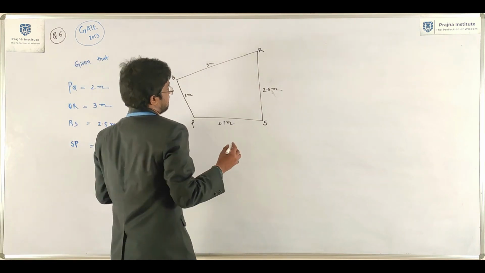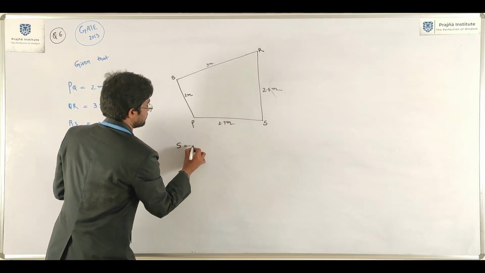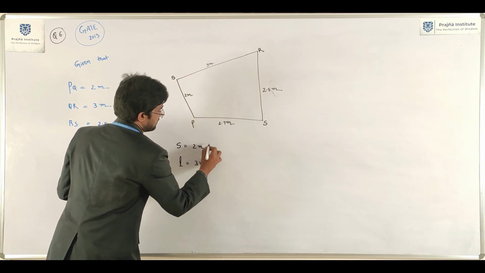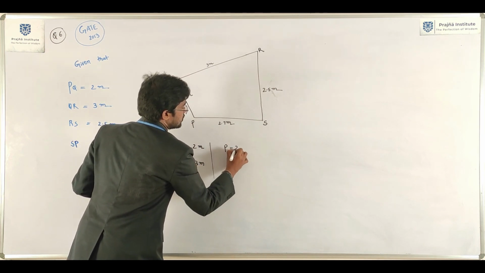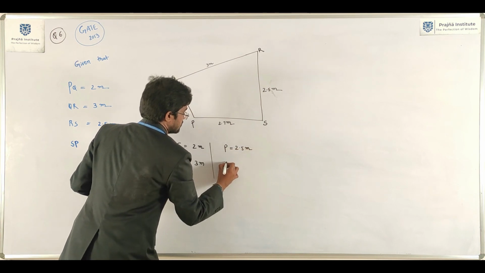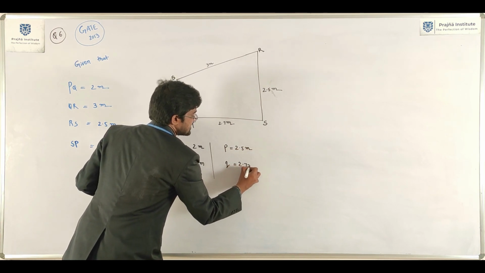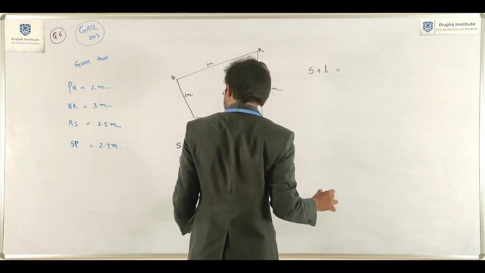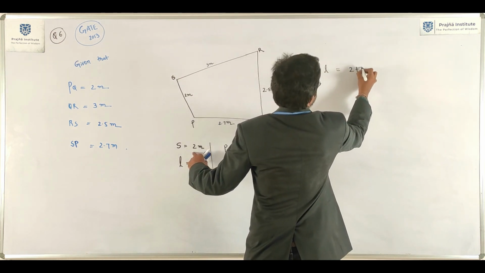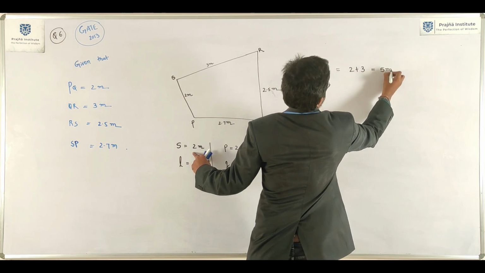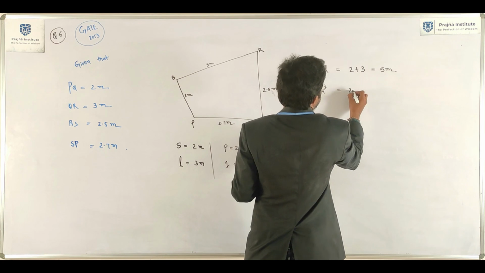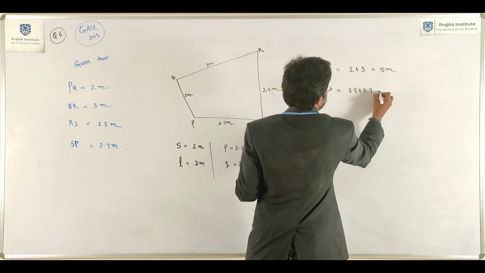Check it once. Shortest link is what? 2 meter. Longest link 3 meter. P equals 2.5 meter. Q equals 2.7 meter. S plus L equals 2 plus 3, 5 meter. P plus Q equals 2.5 plus 2.7.